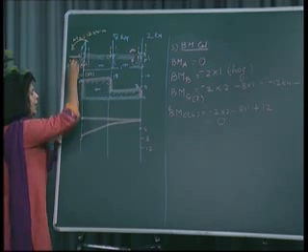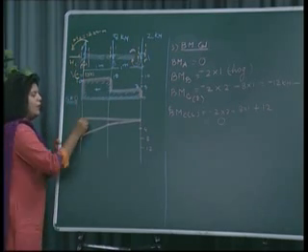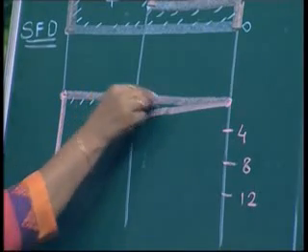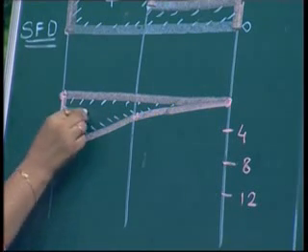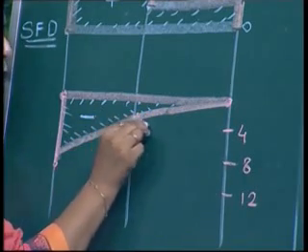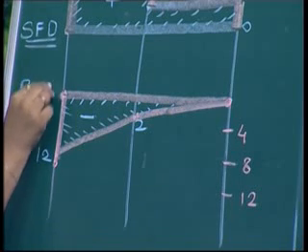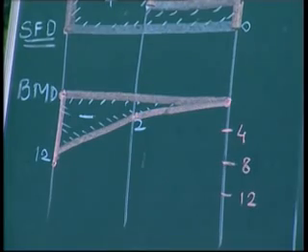As couple is acting, we have to draw a vertical line. We have to show the confinement of bending moment, as it is below the baseline, negative. We have to write our values 2 and 12, and over here bending moment diagram. Okay. So, this is what the bending moment diagram is.